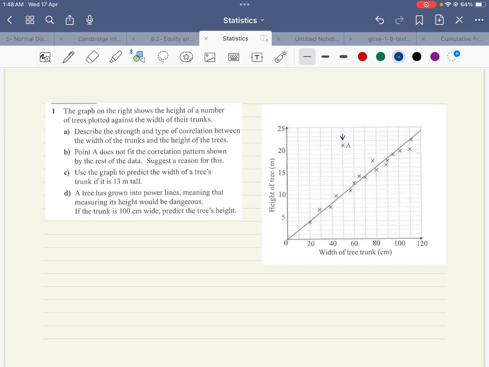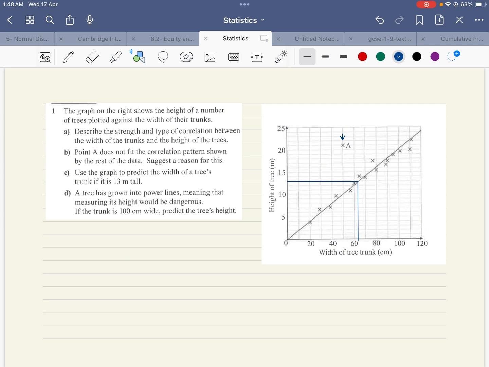This tree is excessively high in height as compared to other trees of the same width of trunk. Use the graph to predict the width of a tree's trunk if it's 13 meters tall. You draw a line at 13, which is here, and then you predict the width by dropping a line below, which is about 62, right?